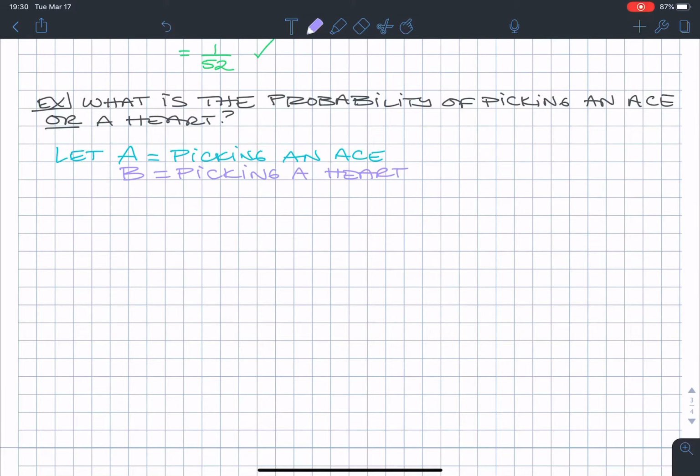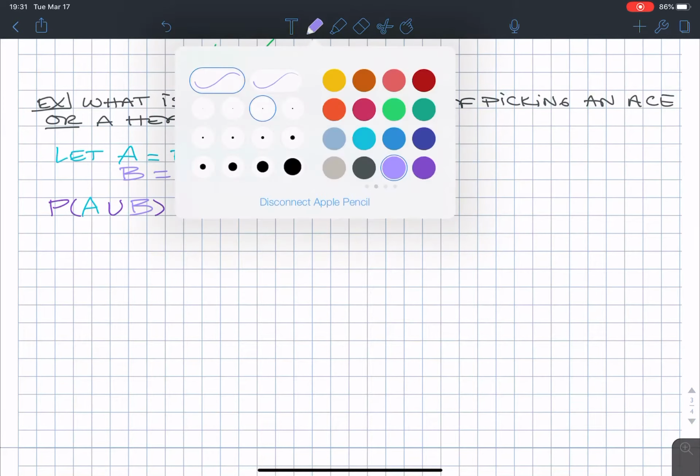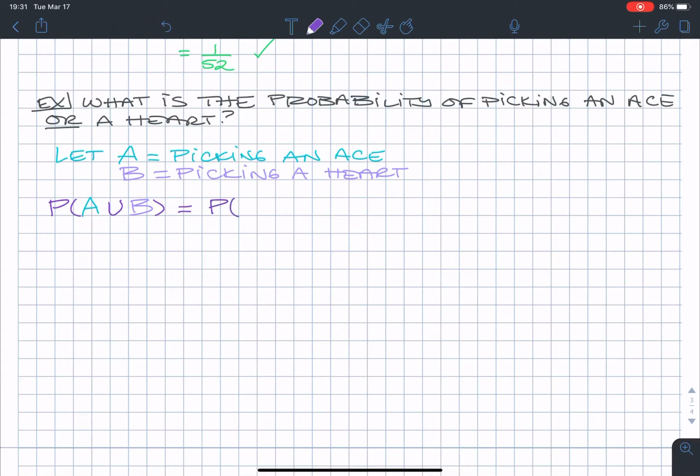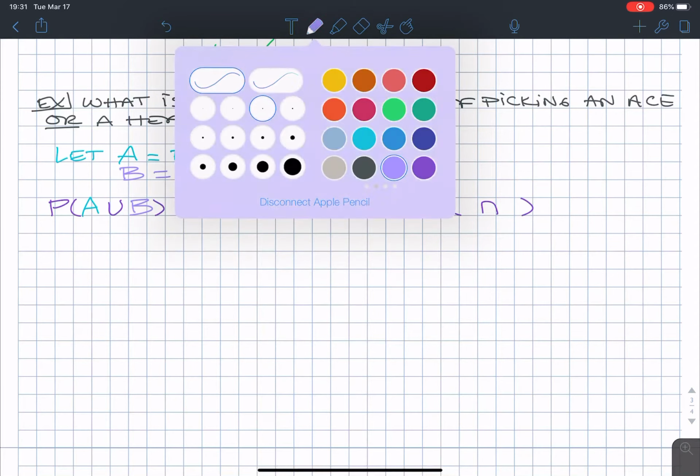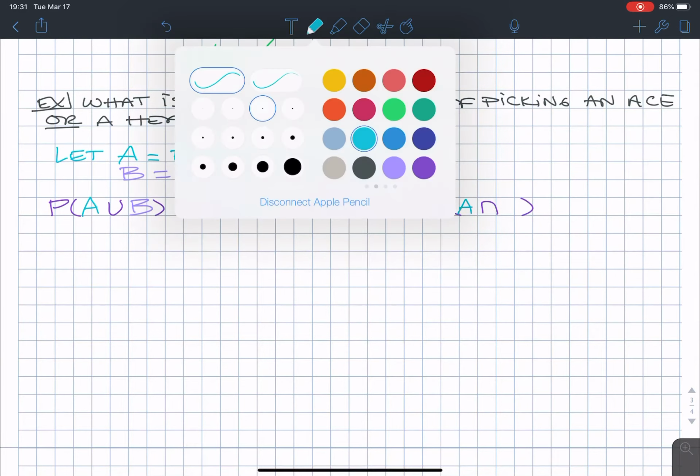So according to the formula above, the probability of picking A or B is going to be the probability of A plus the probability of B minus their intersection. So the probability of A plus the probability of B minus A and B.